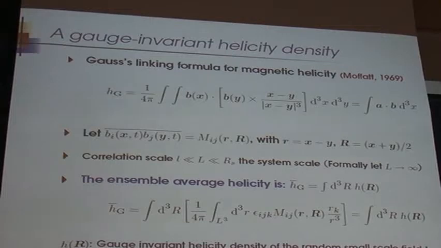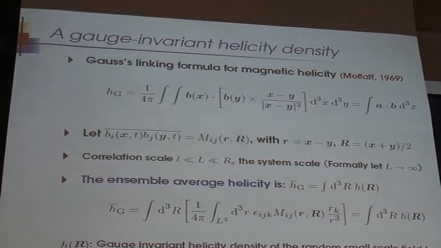Sorry? Can I ask a question? But linking is just one of the forms of helicity, right? Imagine two unlinked but twisted tubes with writhe. Helicity is non-zero, but the linking formula will give you zero, right? No, it won't, because if you do this formula for one of those writhed tubes, you will get non-zero.